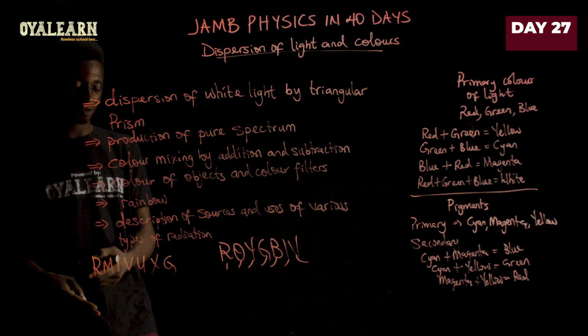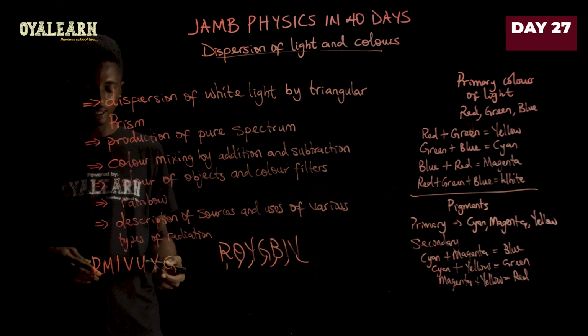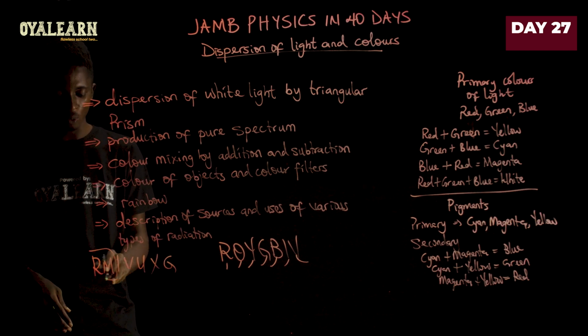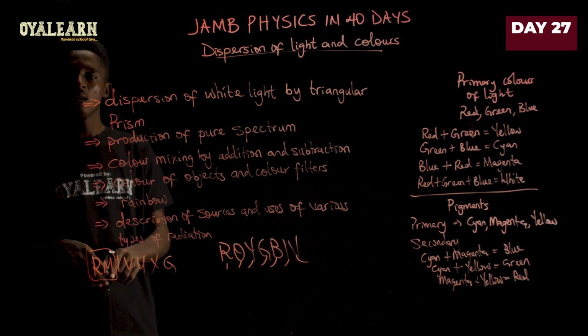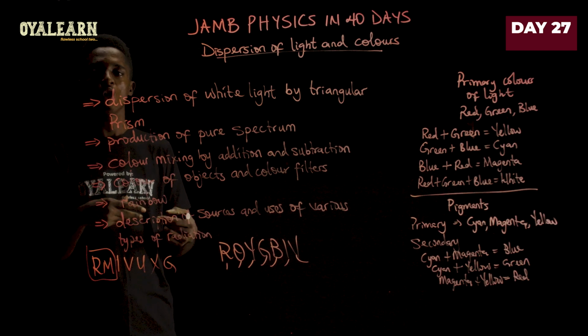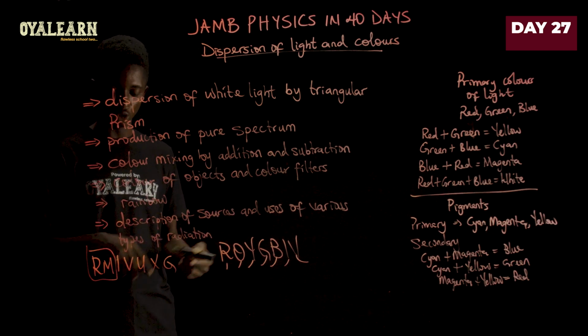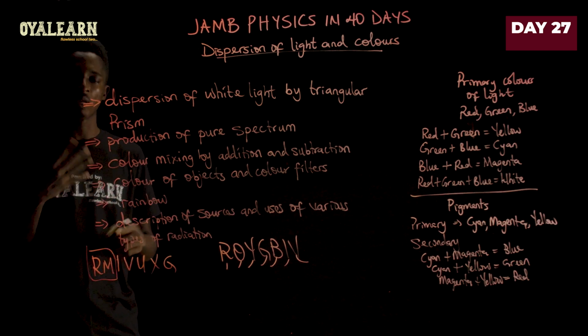So most times you just write radio to gamma, but there's a microwave in there. Microwave and radio wave form the same group. They are used for transmission of messages via radio waves. So radio wave, microwave, similar.